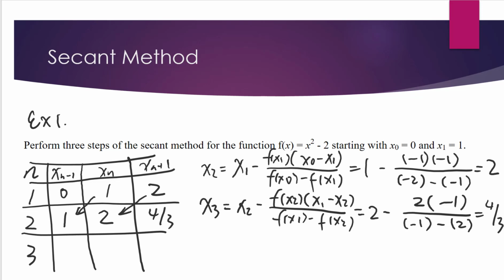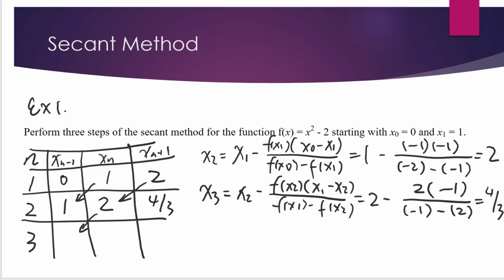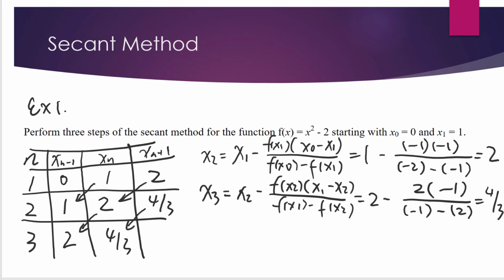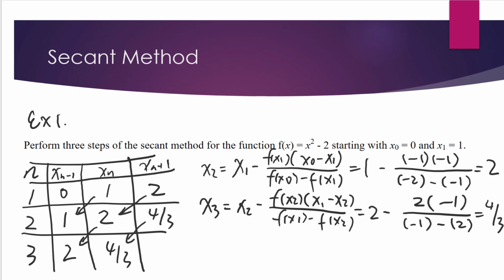So when n is equal to 3, we have this x_{n-1}, which is x2, which is equal to 2, and then x3, which is equal to 4 over 3. Then we need to find x4, right?